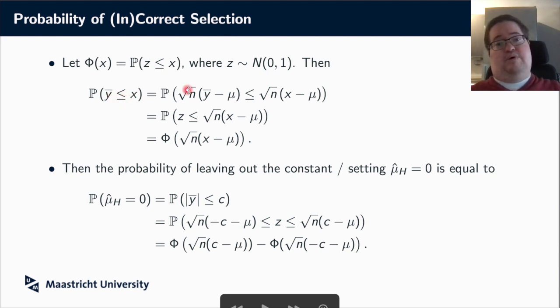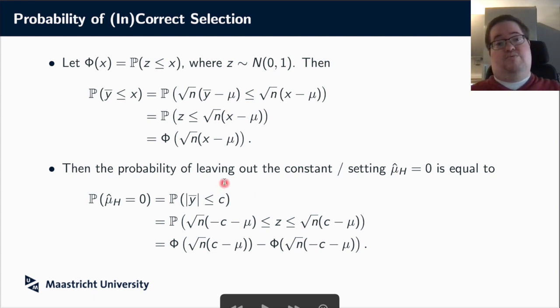So we standardize y bar as square root n times (y bar minus mu). So the probability that y bar is smaller or equal to x can be represented as phi of square root n times (x minus mu). And then we can analyze the probability that we actually set our estimator equal to 0, which of course happens if y bar in absolute value is smaller or equal to c.